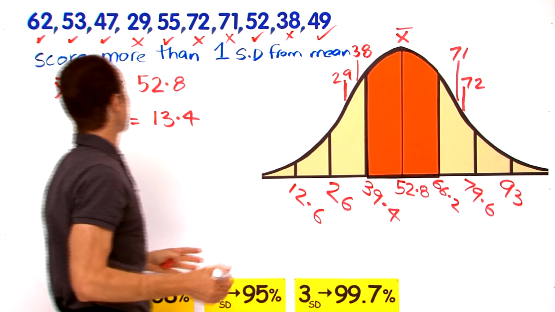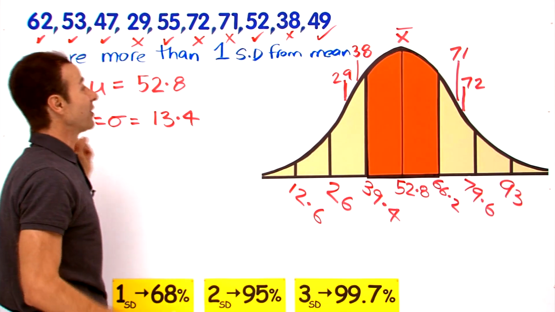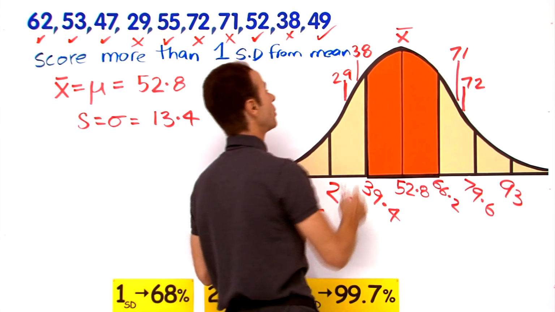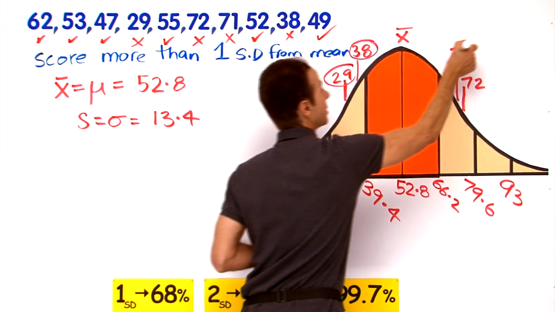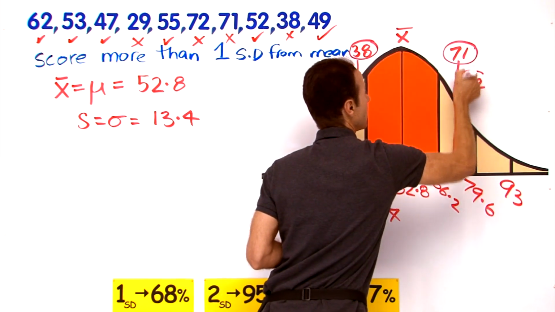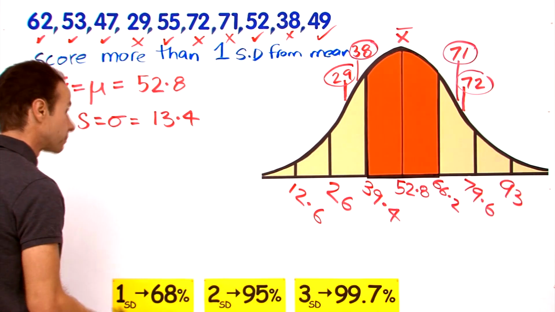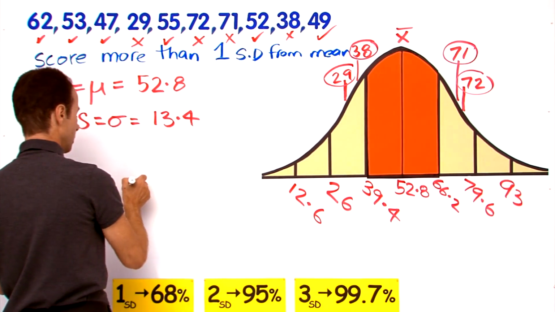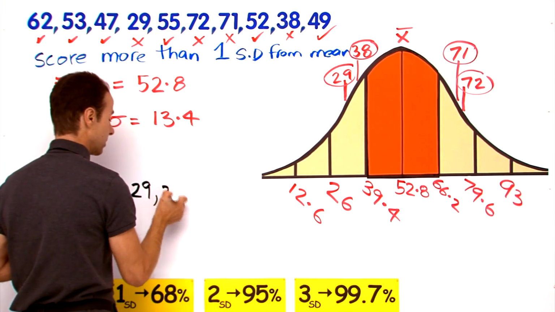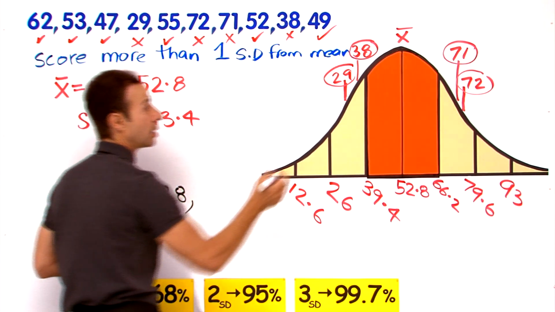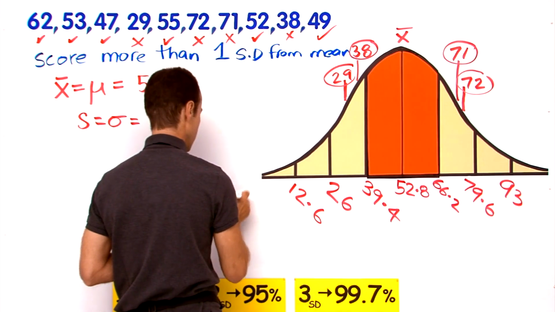So the question asks, how many scores are more than one standard deviation from the mean? Well, we got 4 scores. We've got 29, 38, 71, and 72. Let me just summarize them again here. The 4 scores are 29, 38, 71, and 72.